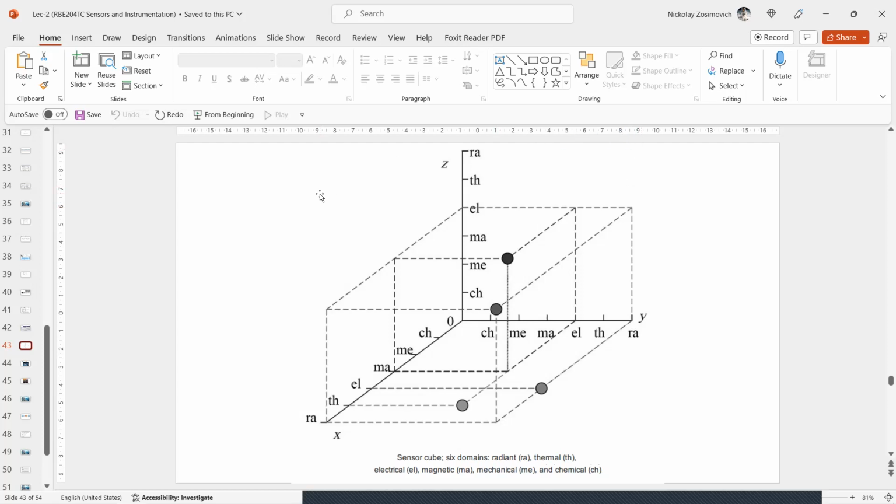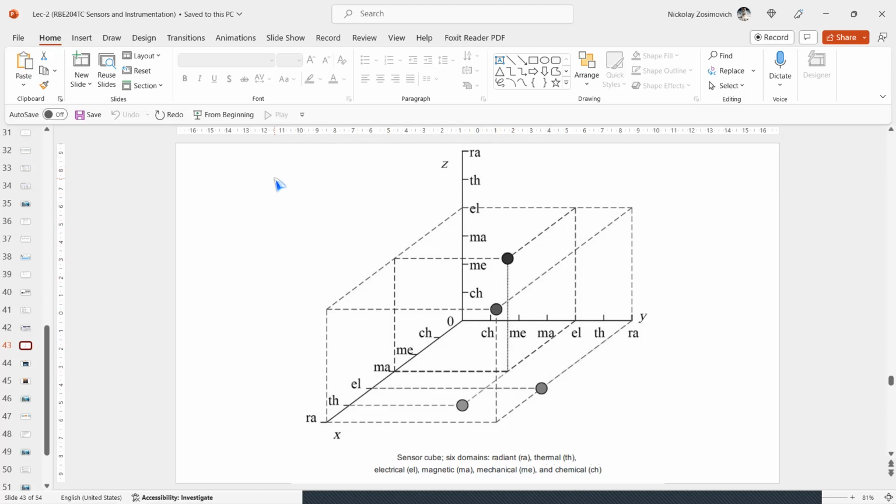Miller indices is classical X, Y, and Z, right? So the X index is the input domain. The Y index horizontally is the output domain. And the Z vertical index is the domain of the interrogating quantity.